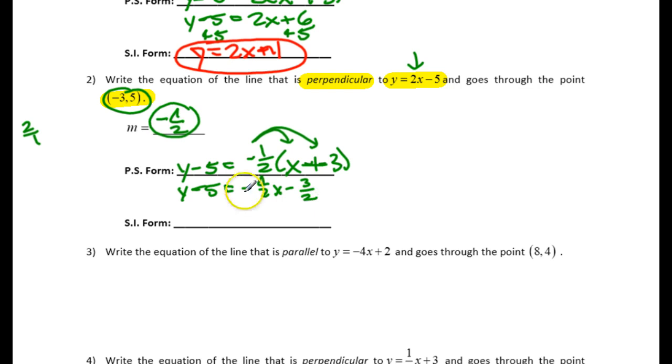Okay? Now we're going to do the plus 5 on each side. Don't worry about that fraction. As long as we know what we're doing, the calculator will do it for us. So here we have y equals, the slope is negative 1/2 x. And now let's go to our calculator. This is negative 3/2 plus 5.